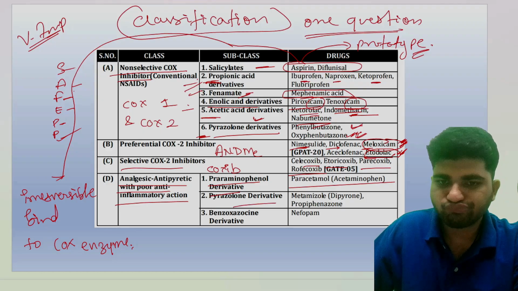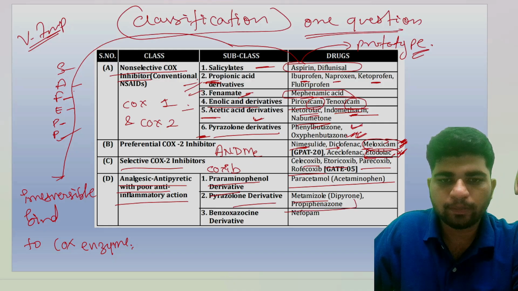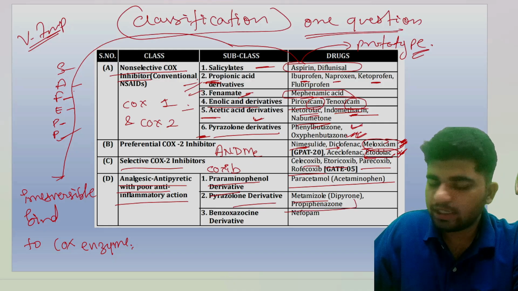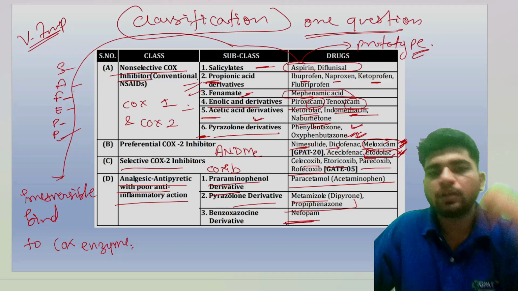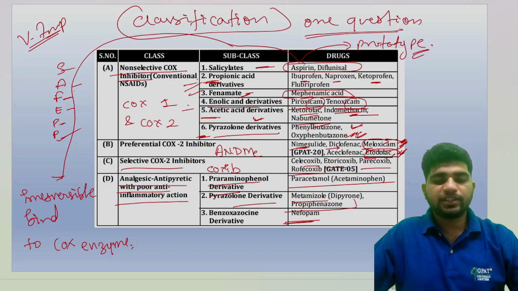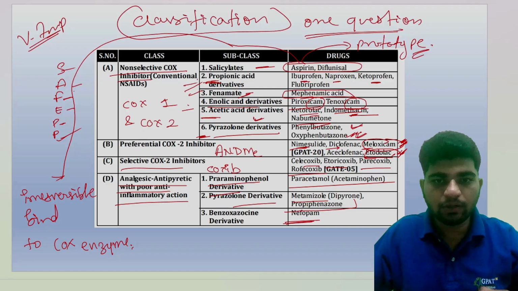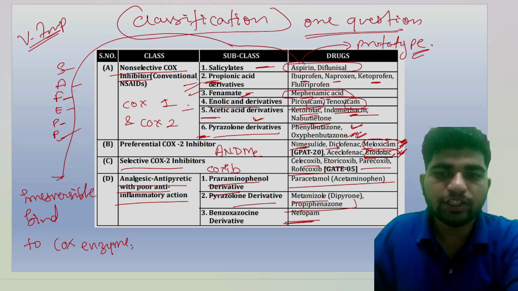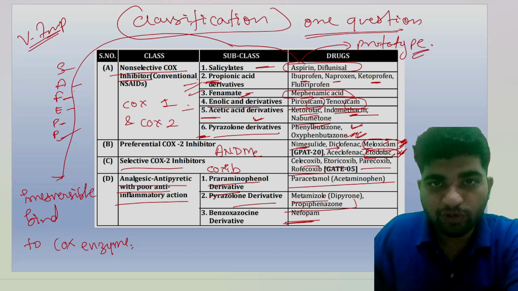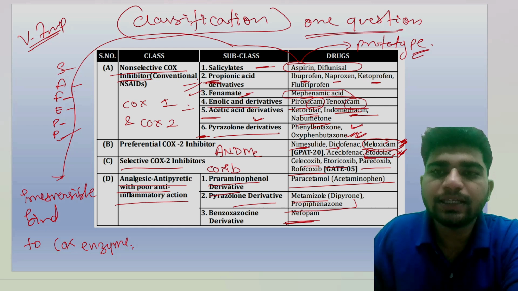Pyrazolone derivative, metamizole and propyphenazone. Benzoxazocine derivative, that is nefopam. All right. So this is all about the classification. I hope I have made this classification topic clear through tricks, and you can learn it easily.